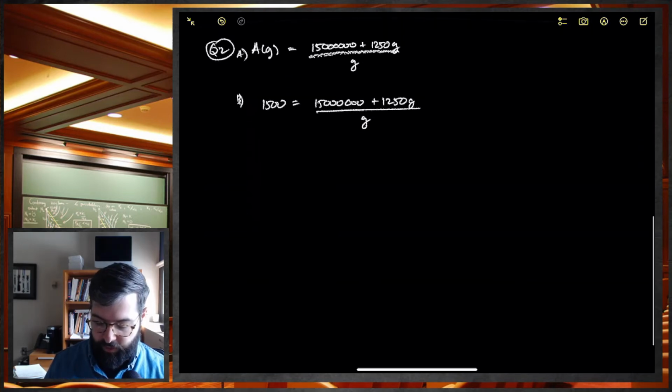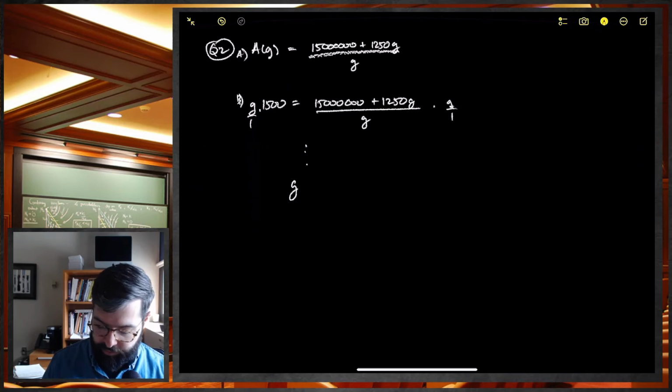You can solve this for g by various methods, but one would be to multiply both sides by g over 1. And then set up a pretty easy linear equation, and we should solve that. G equals 60,000 grams or 60 kilograms.